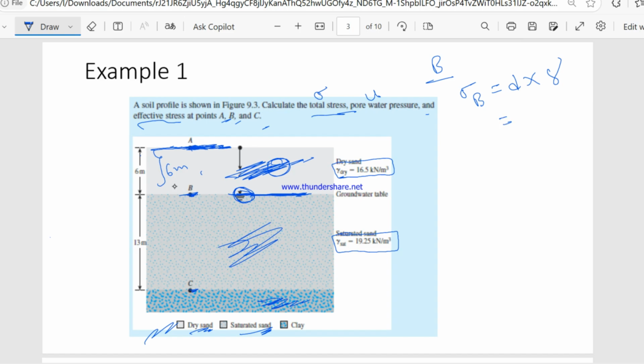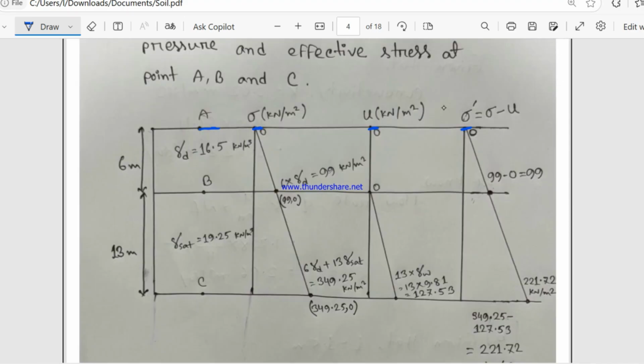Here the distance is 6 meter, and this is dry sand, and for dry sand the given dry unit weight is 16.5, so the value will be 99 kilonewton per meter square.